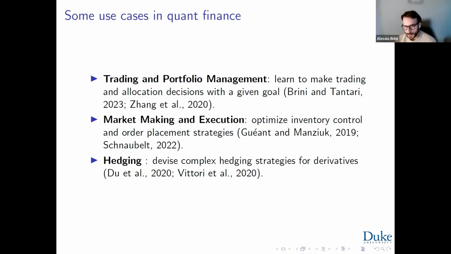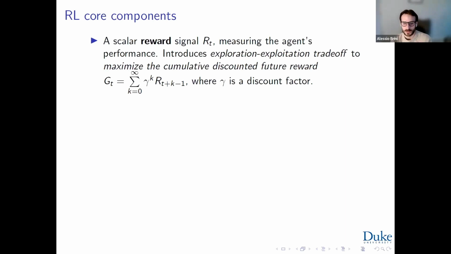Now I'm going to start introducing the components of the RL loop in a much more formal way, so that I can give you an idea of how those problems can be solved. Obviously, when you apply RL to the quant finance setting, it's much more complex than just defining the elements and running the algorithm, because, as happens in supervised learning, whenever you deal with financial data, you have all of the problems of non-stationarity and regime changes.